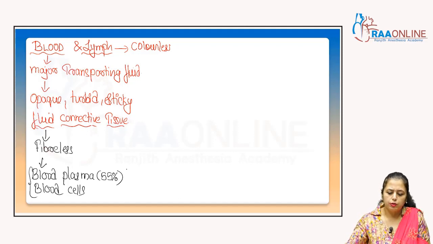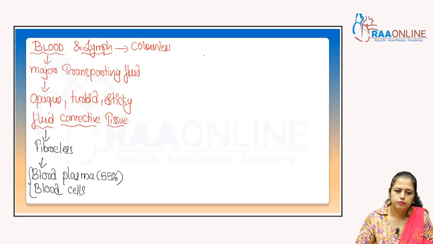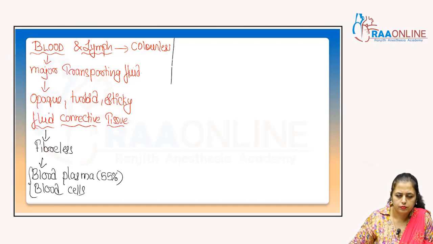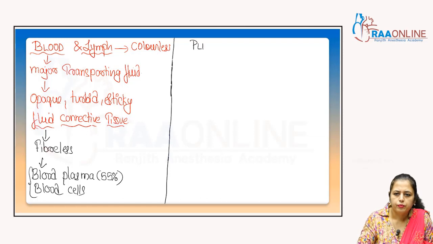When we talk about plasma, it is a pale yellow, clear, colorless, transparent fluid.